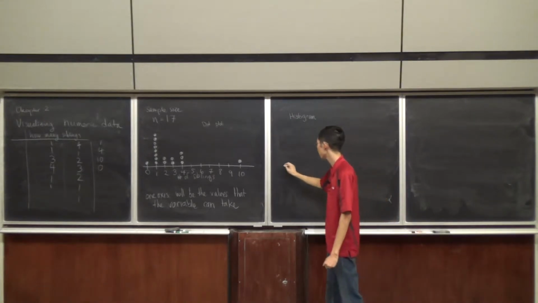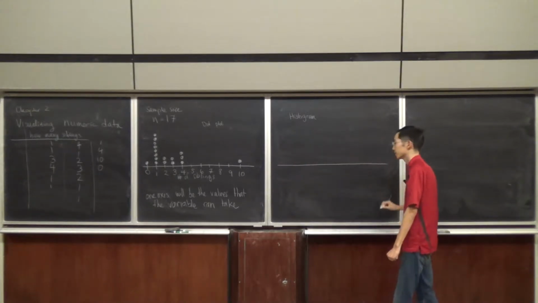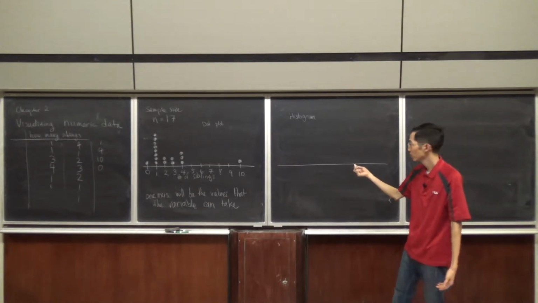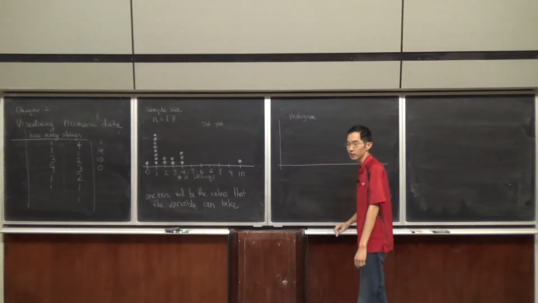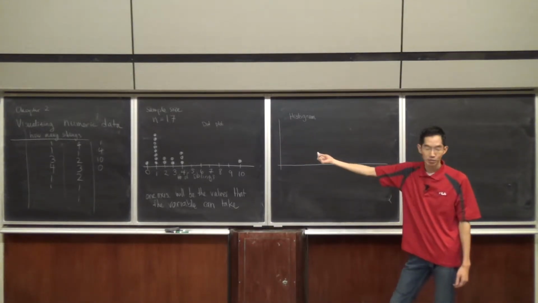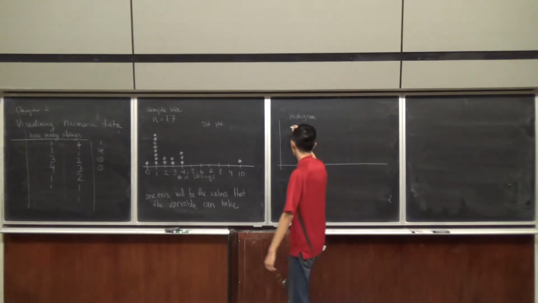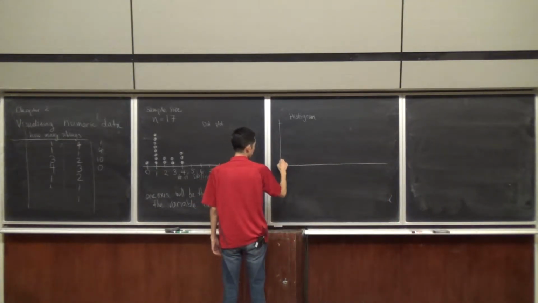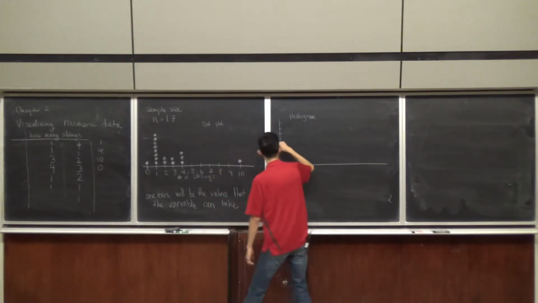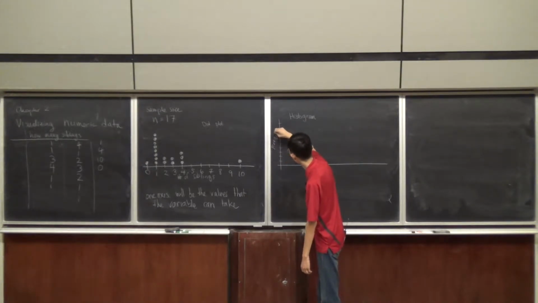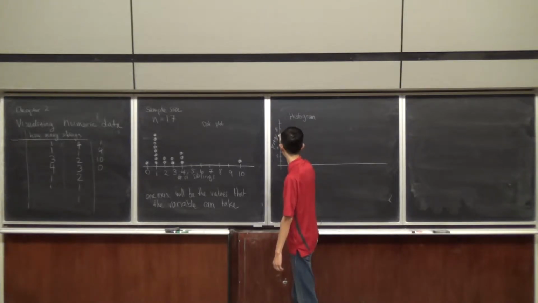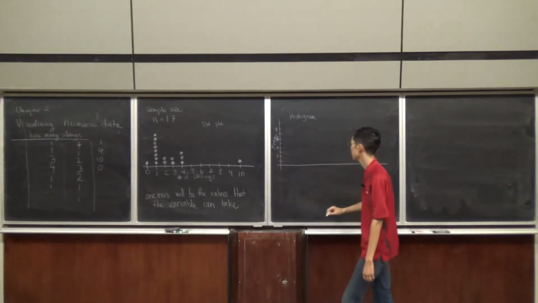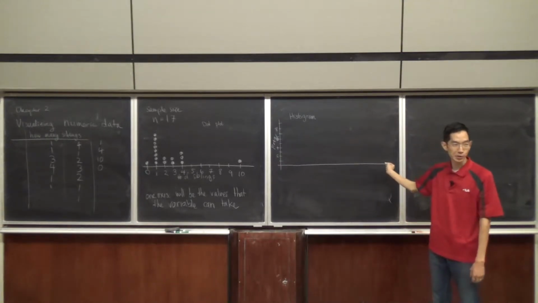Histogram is very similar to a dot plot, but rather than dots, we have bars. And our vertical axis, the height of our bar, will be the frequency. Go across my horizontal axis here.